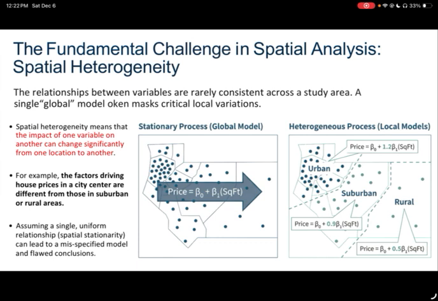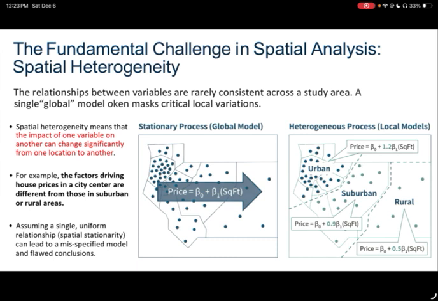In order to make a model for our datasets, we often want to find the relationship between the dependent variable and independent variables. In global models, the relationship between variables is really consistent across the study data. So a single global model often masks critical local variations.